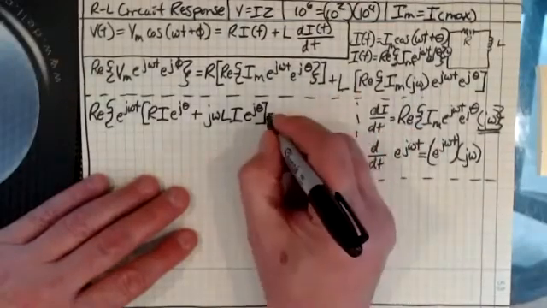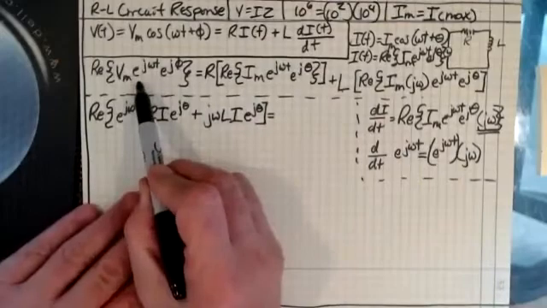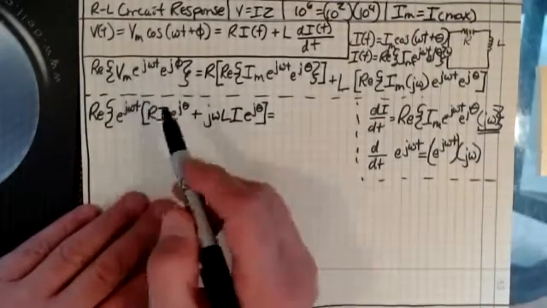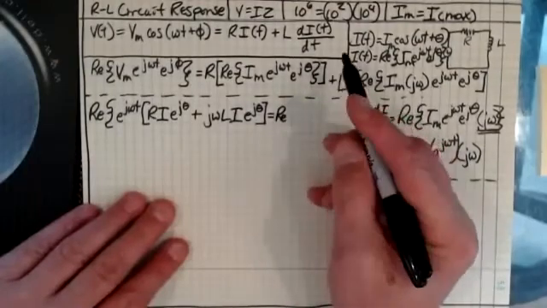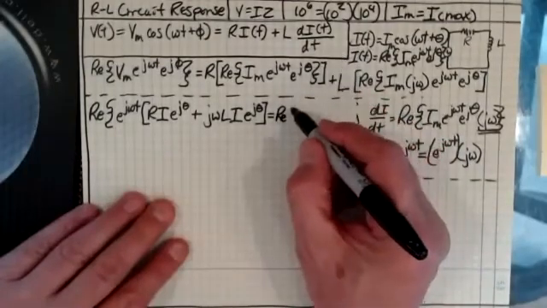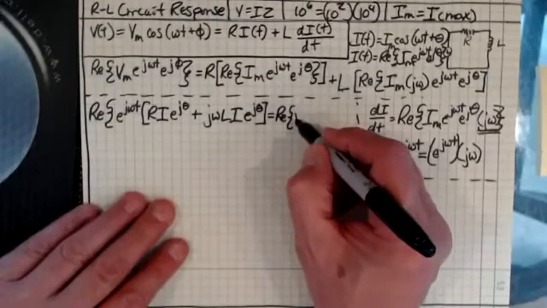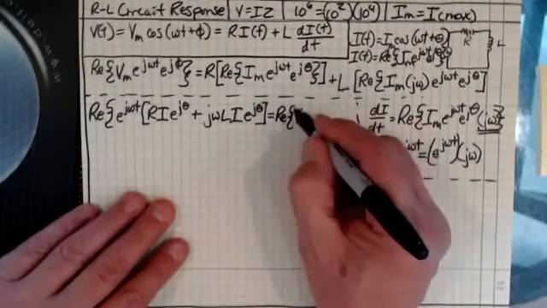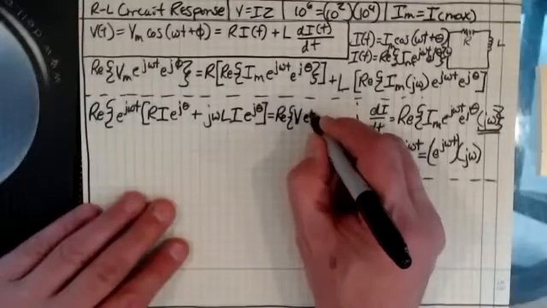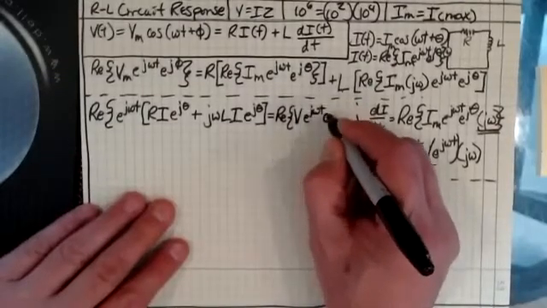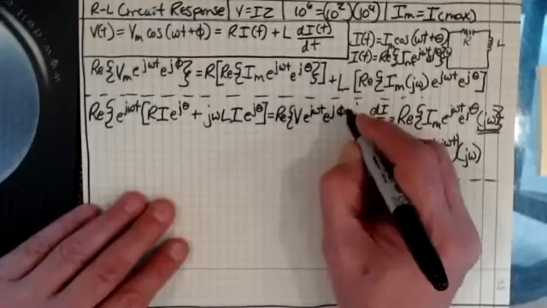Now that is going to equal the other side, and that's this side over here, right? The real of V max. I'm just going to use V. The real of V e to the j omega t e to the j phi.